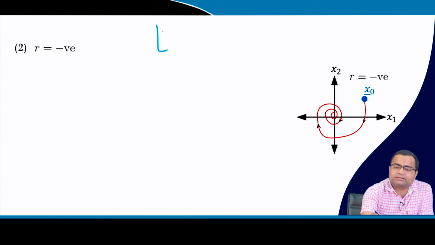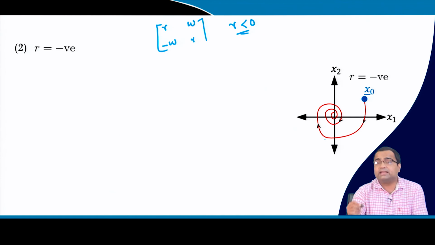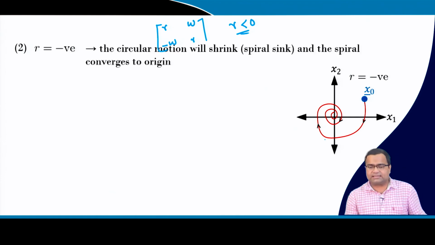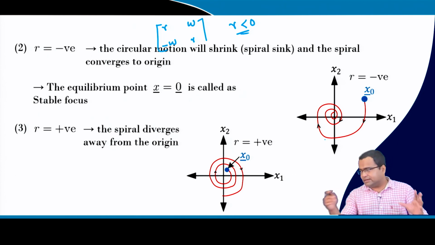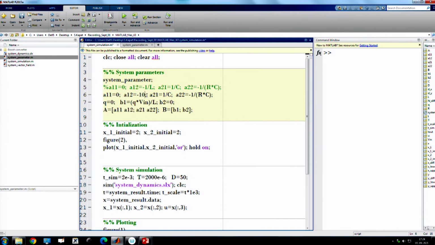Now our axis is r, omega, minus omega, r, where r is less than 0. Then the radius will slowly decrease, and if we take it positive, it will increase. Let us say minus 1000, then plus 1000, then we use 0.